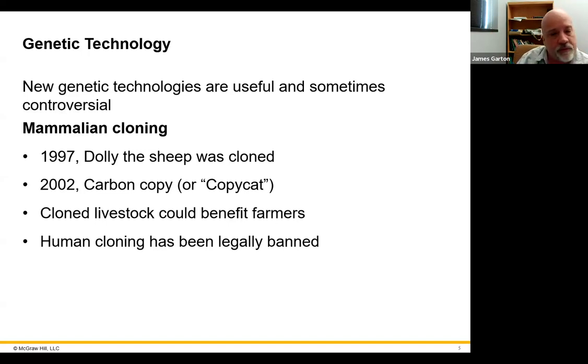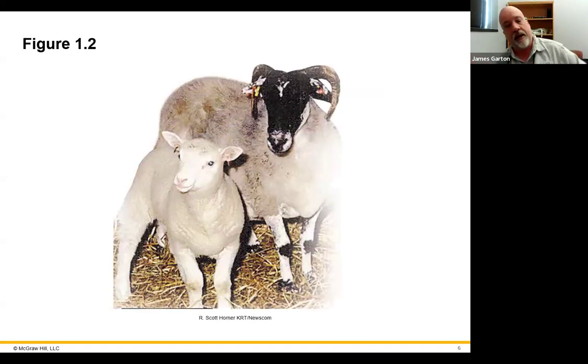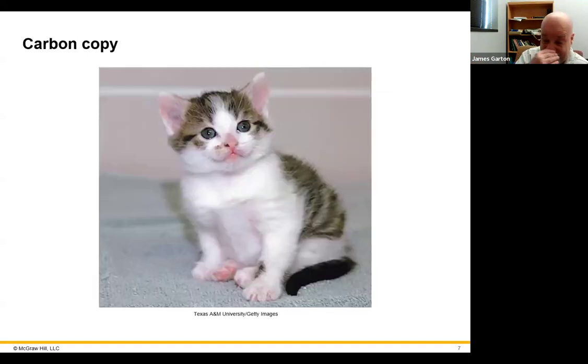And yet the scientists that make these announcements refuse to provide the evidence that this is what they indeed have done. And that's a picture of Dolly the sheep. And I believe that is her surrogate mother. And there's Copycat.